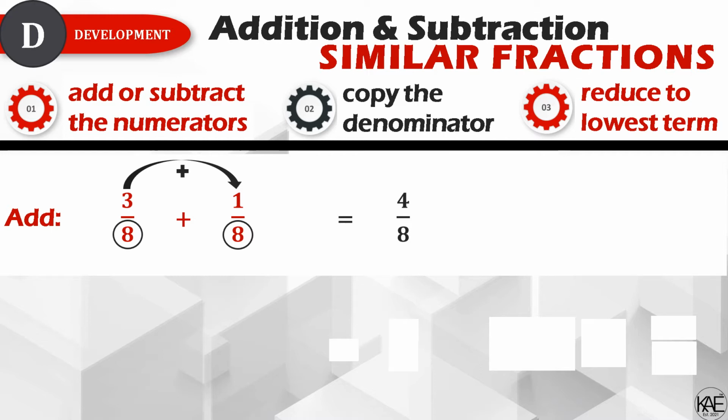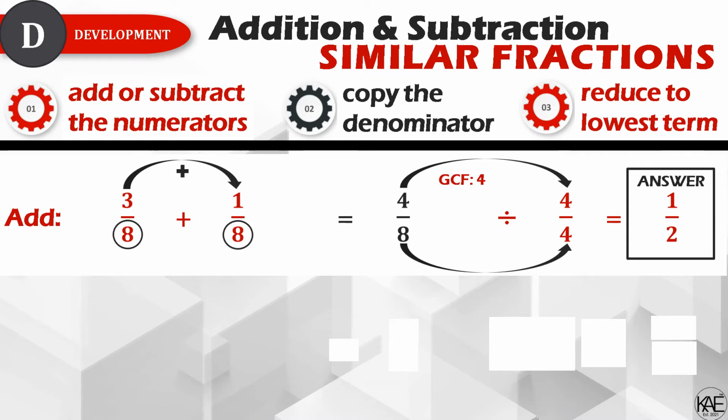Since they have a common factor, which is 4, we both divide them by 4. 4 divided by 4 would give us 1. Then 8 divided by 4 would give us 2. Therefore, 3 over 8 plus 1 over 8 is equal to 1/2.